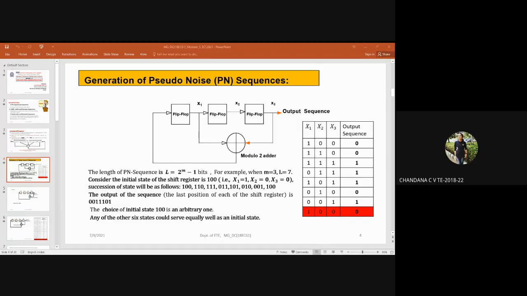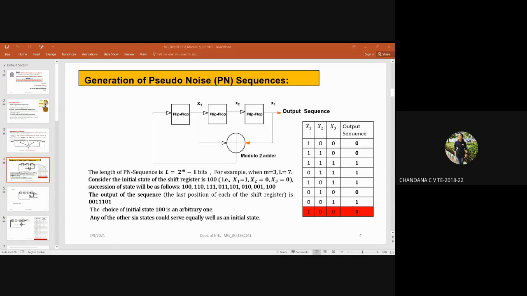So the initial state considered is 1 0 0, where 1 is the output of the first flip flop, 0 is the second, and the third flip flop is also 0. So the output will be 0. When we give the second clock pulse, the first flip flop output is shifted to the second, the second is shifted to the third, and the third is given as the output sequence.